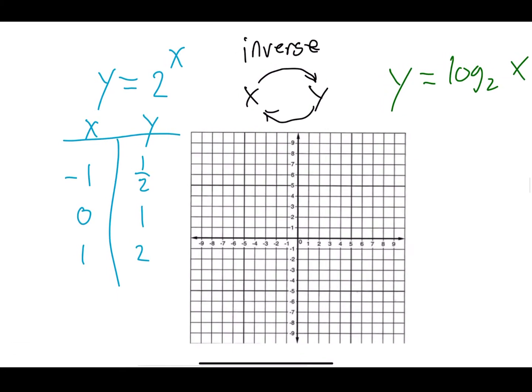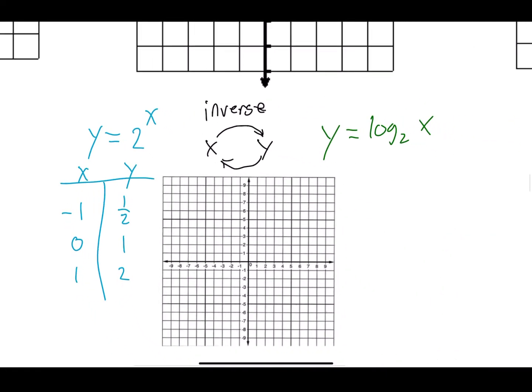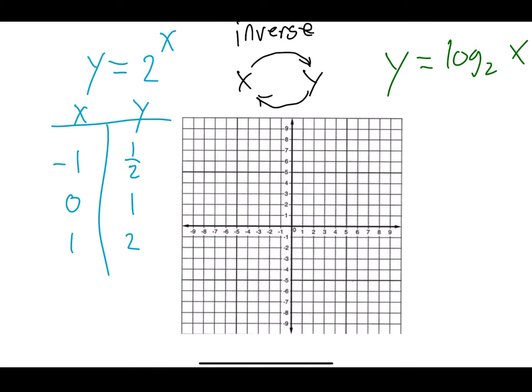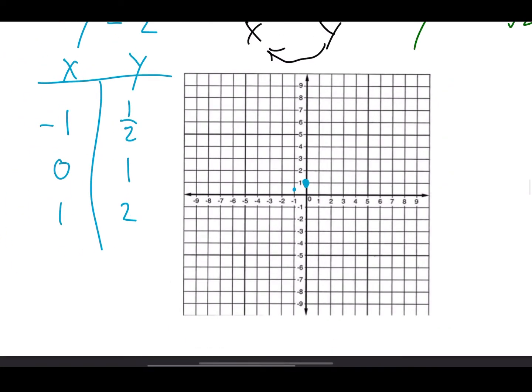So what have I been given here? The initial value, which hopefully you can notice, a times b to the x. There is no a written, so we assume it's 1. This initial value was always going to be 1. So 0, 1, -1, half, and 1, 2.